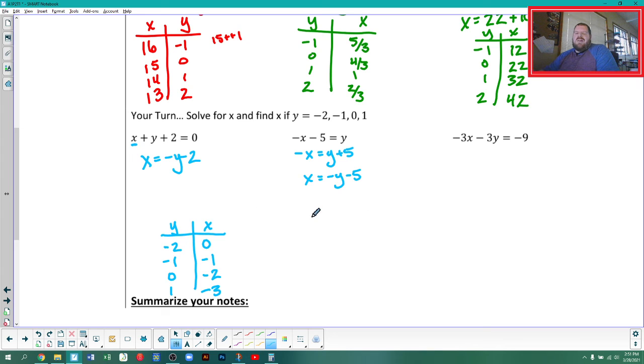It's kind of like the last one. -2, -1, 0, +1. I'm going to find our x's. -2 is +2, minus 5 is -3. -1 is +1, minus 5 is -4. I think you can probably guess. At least I would hope so.